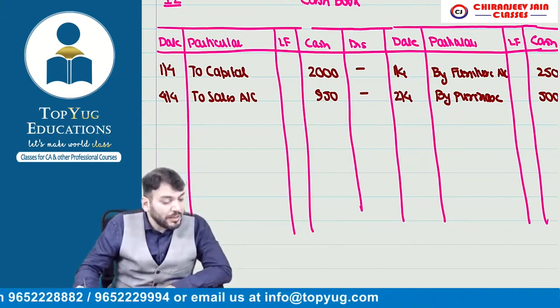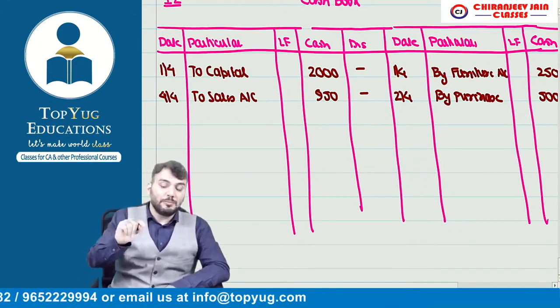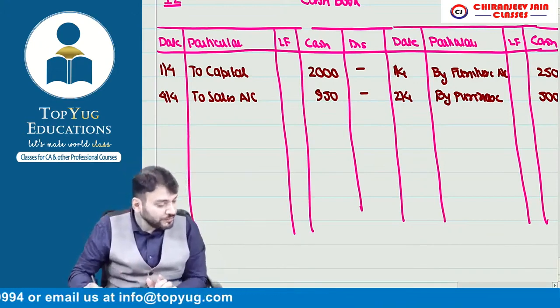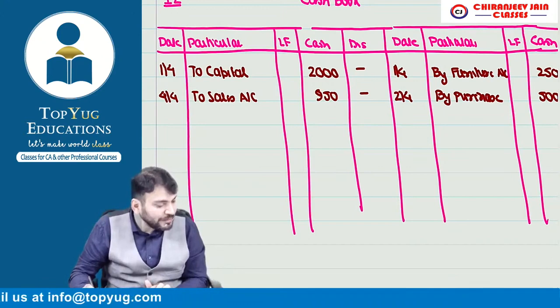And what they have written: he allowed a discount of rupees 10. Both transactions will be done on the same date, correct?